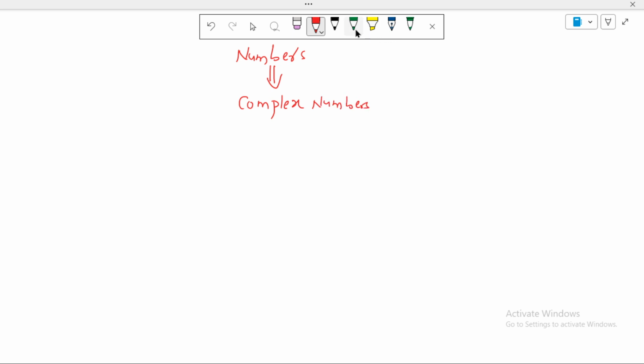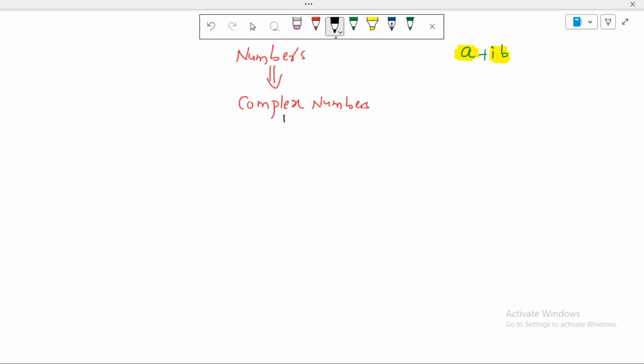Any number in the form of a plus ib, where a is the real part and ib is the imaginary part, is said to be a complex number. Remember, a complex number is a combination of a real part and an imaginary part.